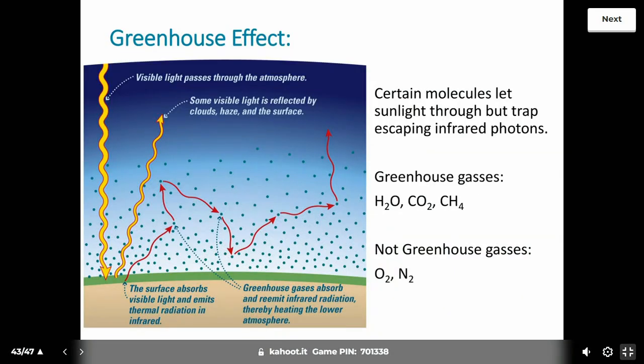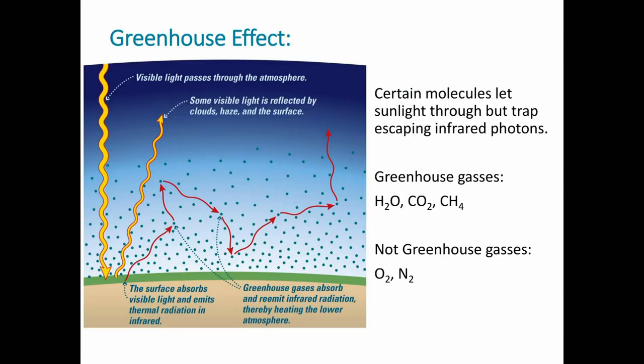The other important effect that the atmosphere has is the greenhouse effect. We'd said that the visible wavelength light can pass through the atmosphere and make it to the surface. Some of that visible light is going to just bounce off the surface and either go into space, or maybe it hits a cloud or something.